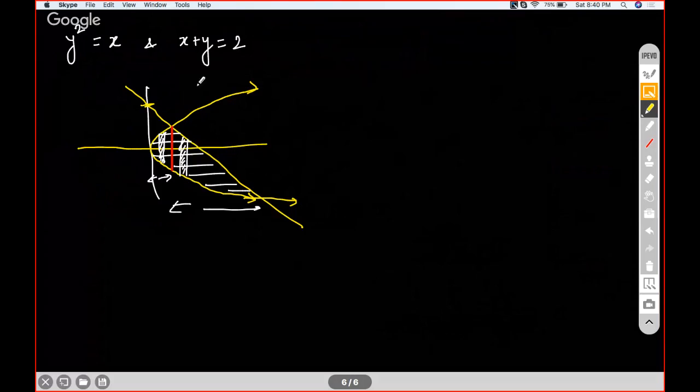Now, for that I need to know this deciding point. What is the coordinate of this deciding point? So for that I need to know where the line and the parabola are meeting each other. So here I can say my y is equal to 2 minus x. From this line I can substitute it in the parabola equation, y square is equal to x.